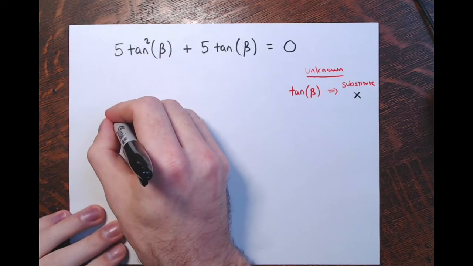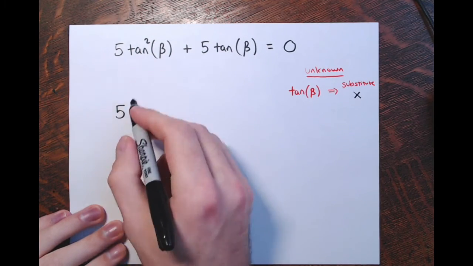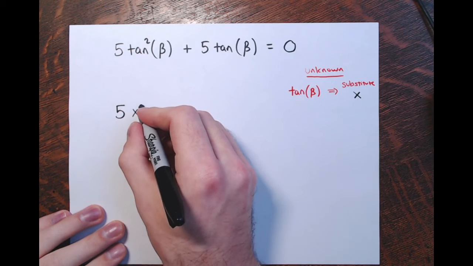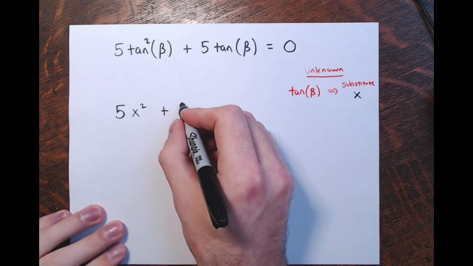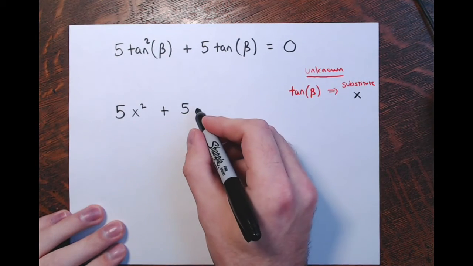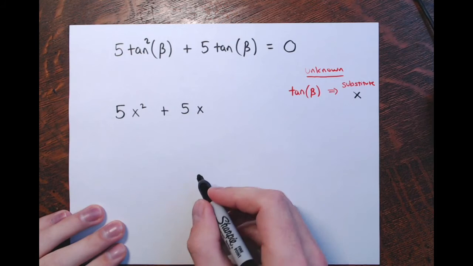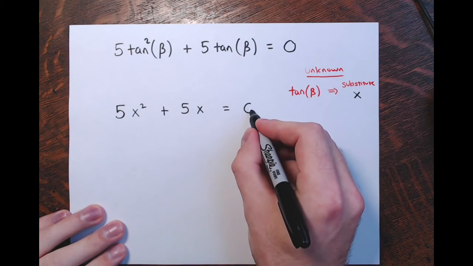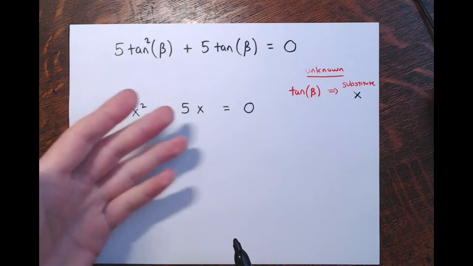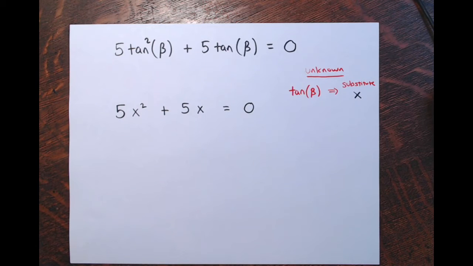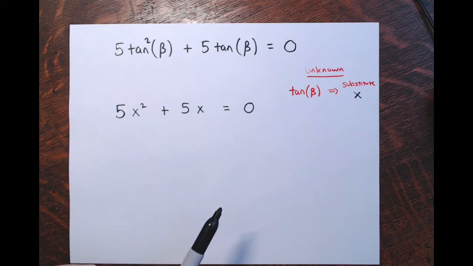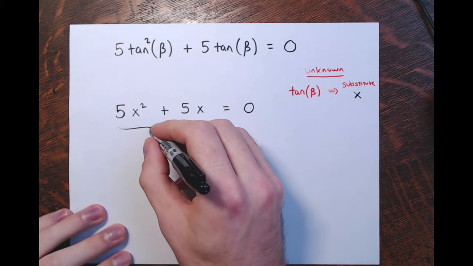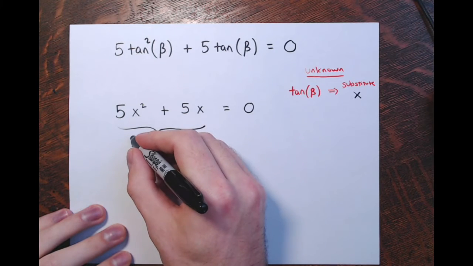Now I'm looking at 5 times x squared plus 5 times x. It's basically a quadratic polynomial equation now, already set up the way I want, with the polynomial on one side and 0 on the other. Then we take that polynomial and factor it completely.